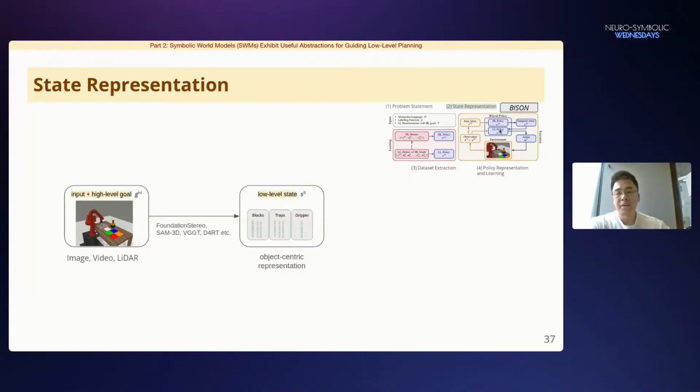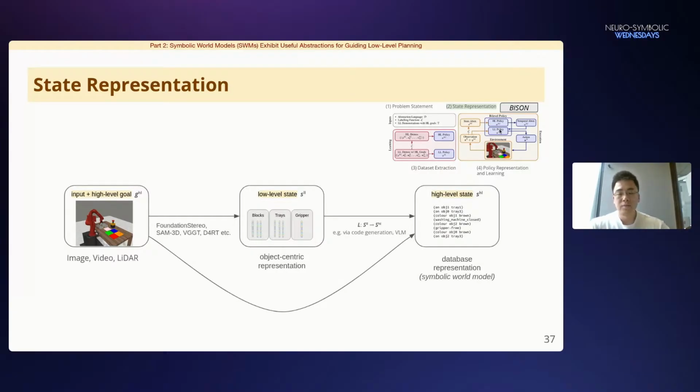And next, we're going to assume that we can use existing perception or CV tools to extract object-centric representations from our low-level inputs. So given a scene, we may try to extract where all the blocks are, trays are, and grippers are, and we can compute their depth and also location and rotation properties.